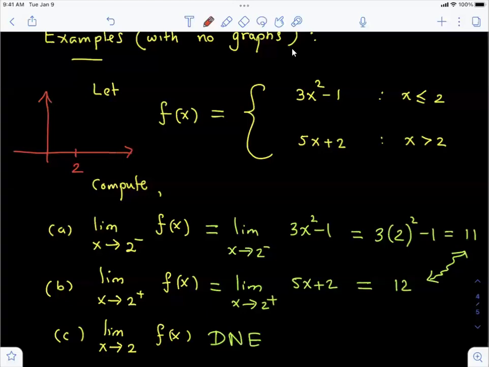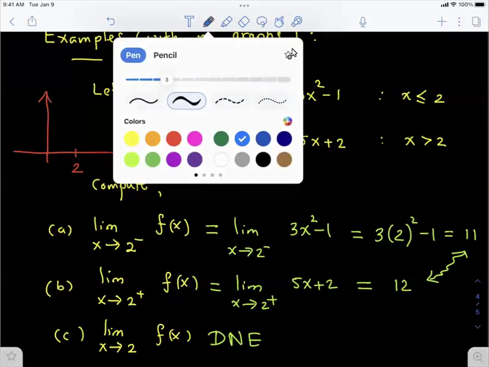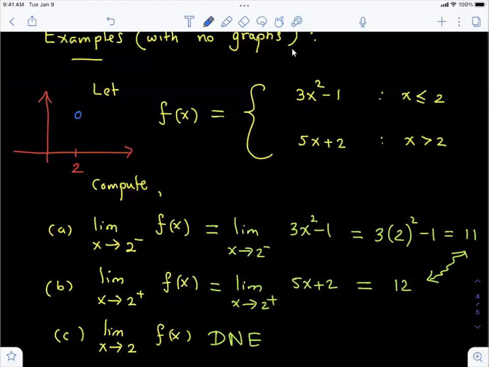So what happens is, when you consider 5x plus 2, for x greater than 2, there is no equality included here. So that simply means you have this linear segment of the function just like this. This is the graph of y equals 5x plus 2.